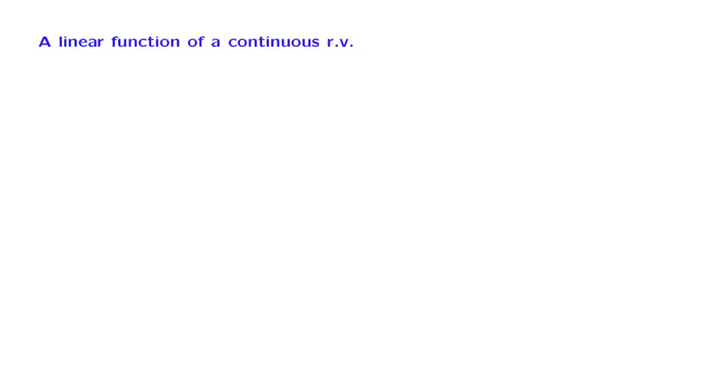We now move to the case of continuous random variables. We will start with a special case where we want to find the PDF of a linear function of a continuous random variable. We will start by considering a simple example and study it using an intuitive argument, and afterwards we will justify our conclusions mathematically.